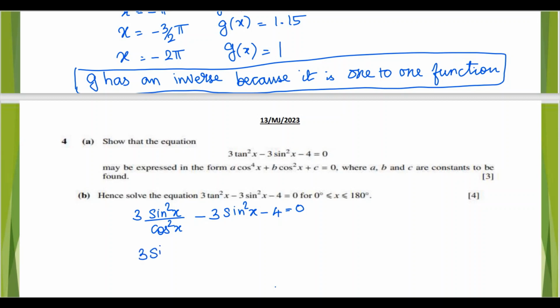So 3 sin square x minus 3 sin square x cos square x minus 4 cos square x equal to 0.